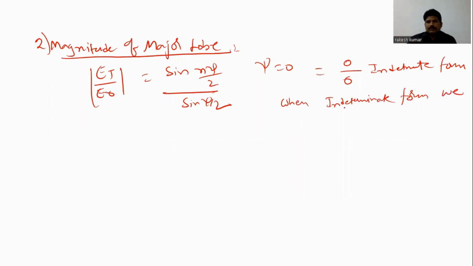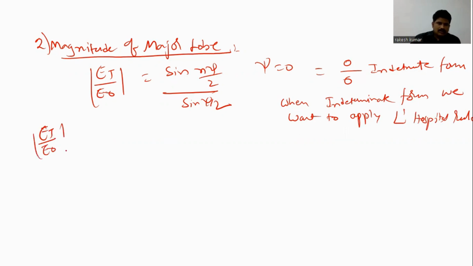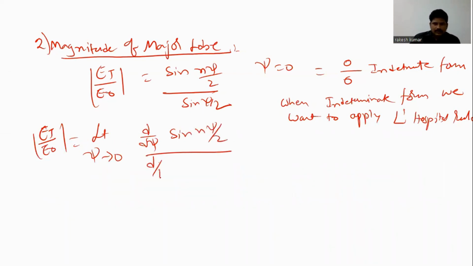Whenever there is an indeterminate form, we apply L'Hospital's rule. So Et by E naught is equal to the limit as psi tends to 0 of the derivative with respect to psi of sin(n psi by 2) divided by the derivative of sin(psi by 2).